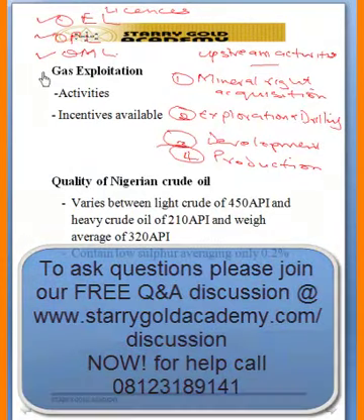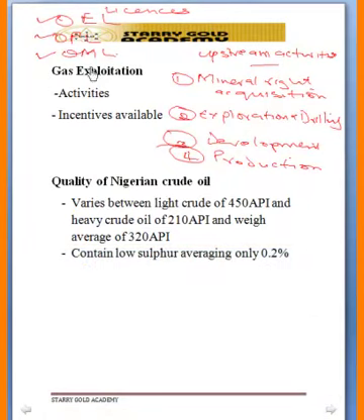Another part of the industry is the gas exploration. So remember, we're talking about oil and gas. This should be exploration, not exploitation. What have we got to say about gas exploration?